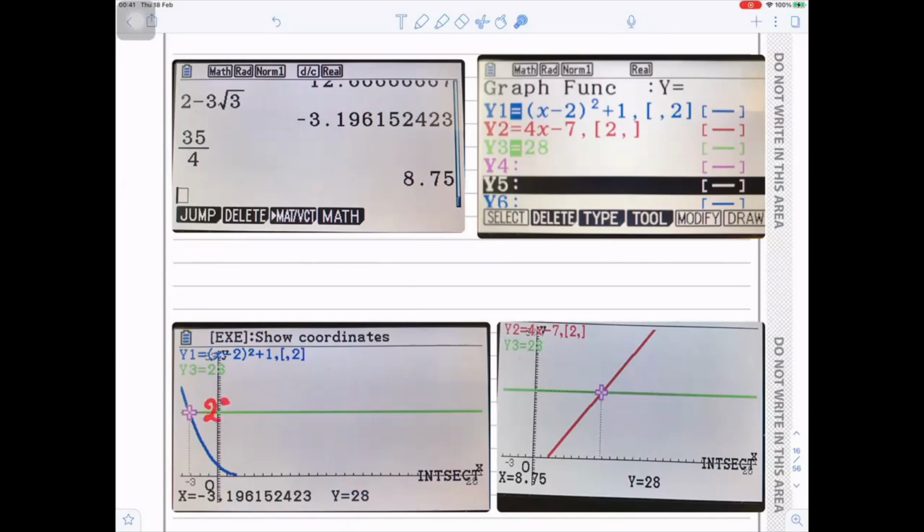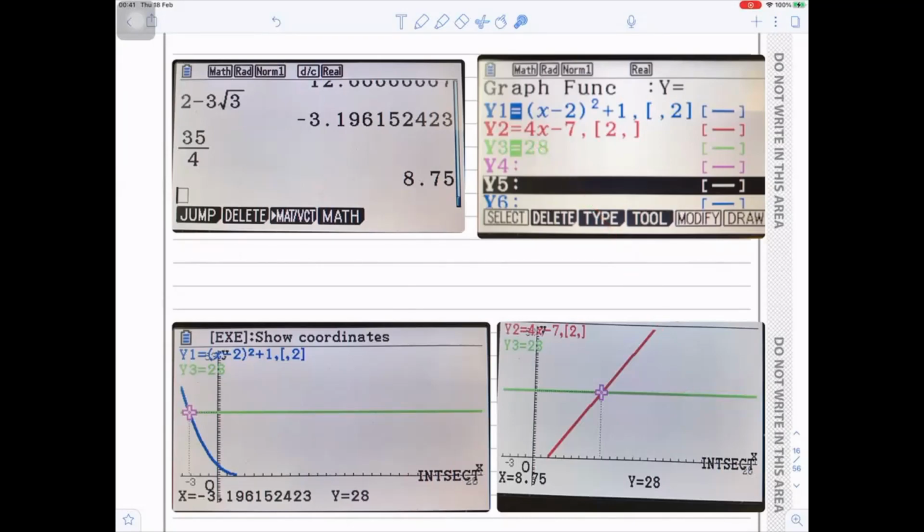You want it to be bigger than 28, so you want the part which is on this side. That's why you have x is less than 2 minus 3 root 3. And so when we put y equals 28, it gives us that line. That line is y equals 28.